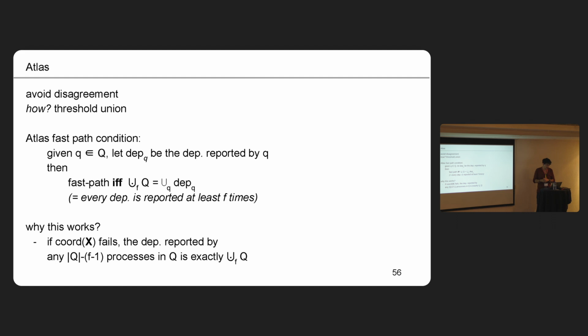And this is in the case the coordinator has contacted enough replicas. Otherwise, you will need to do the first step of the protocol, and you need a consensus box at the end of the day to make the agreement on the dependency. But in the good case where the coordinator has failed and managed to reach everybody, you can just live with this value because you know it's the fast path value.